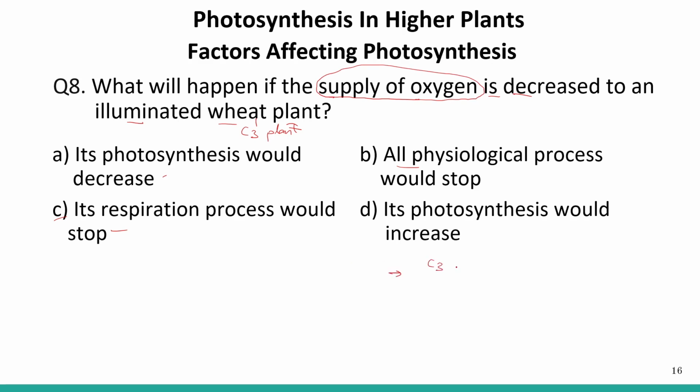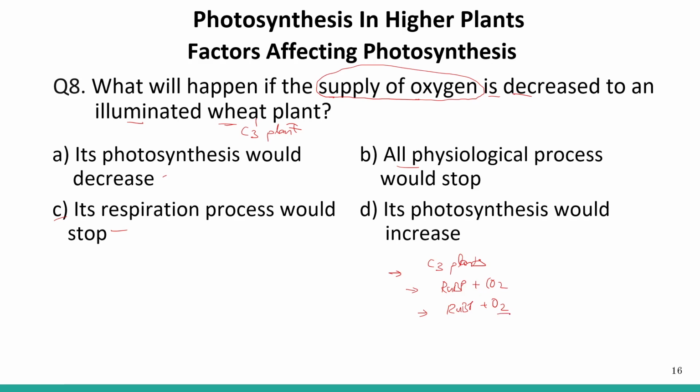If we talk about the C3 plants, so wheat, in the question they are talking about the wheat. The wheat is the C3 plant, so let's talk about the C3 plant. So in the C3 plant, what happens? Okay, RuBP combines with carbon dioxide. Alright, but in some conditions, RuBP can bind to oxygen instead of carbon dioxide.